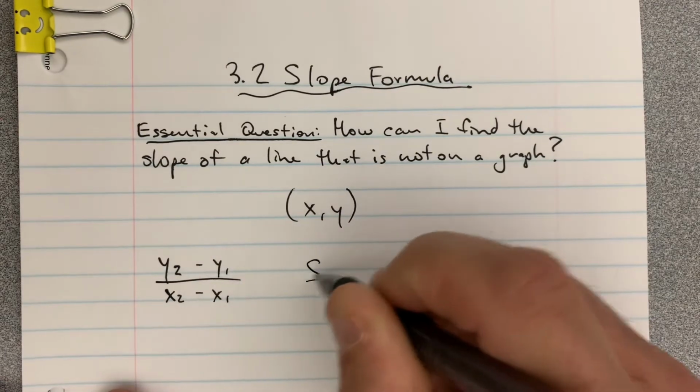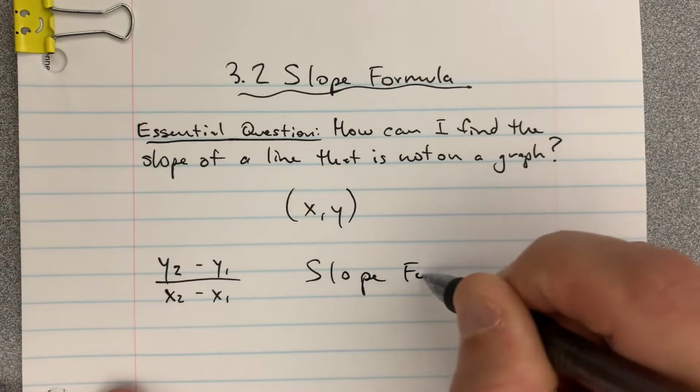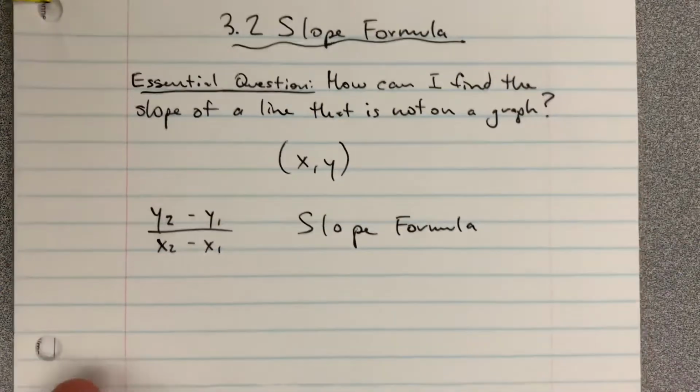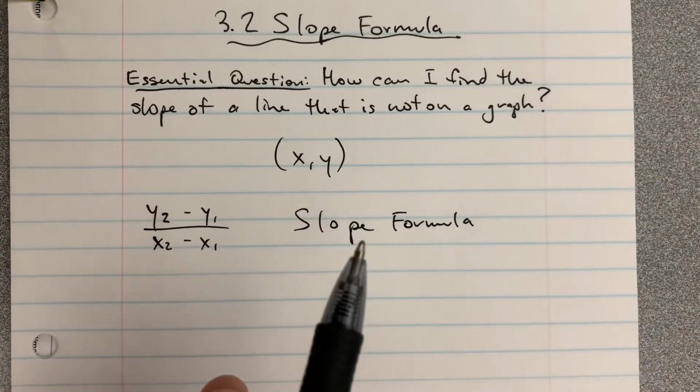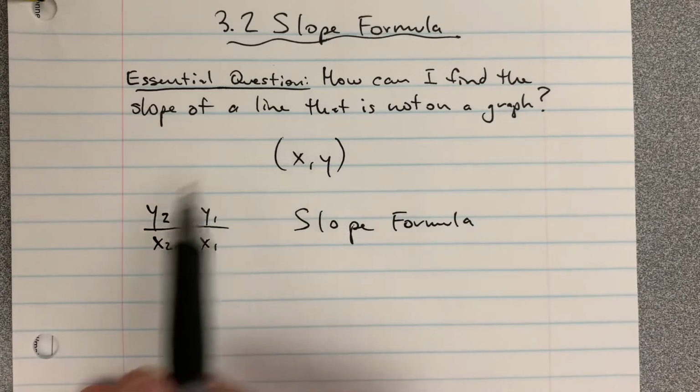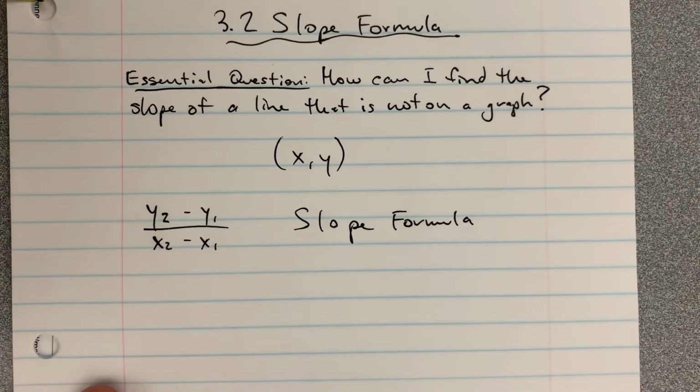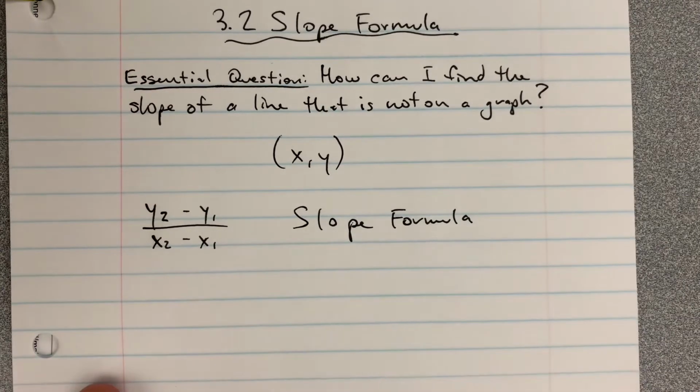This is our slope formula. So I'm going to be taking a pair of ordered pairs, a set of them, 2 of them, and I'm going to plug the information into our formula, and that's going to help me figure out what our slope is.